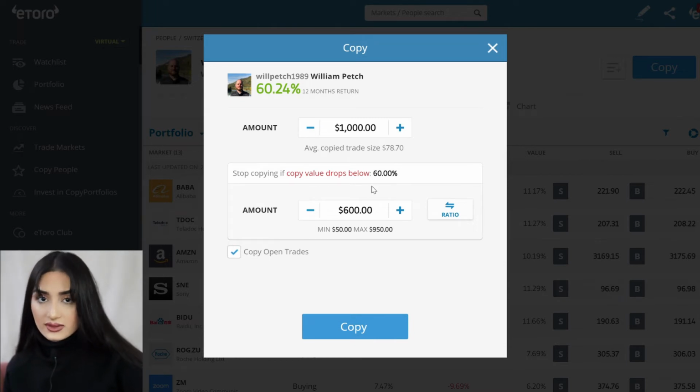So we put in $1,000 and we want to stop copying if our portfolio drops to less than $600, then all positions would be closed. You can obviously change this ratio, but for now I'm going to keep it there, and I'm going to click copy.